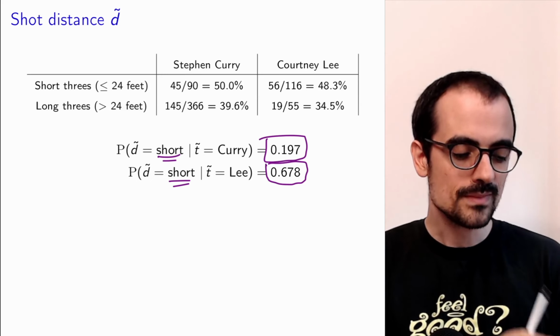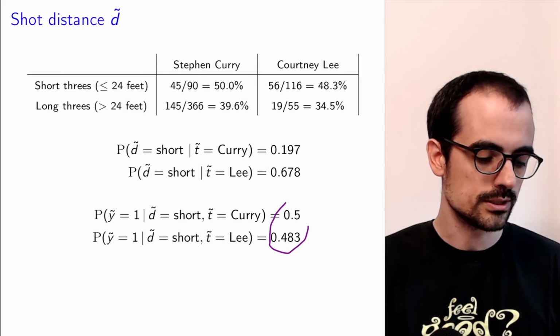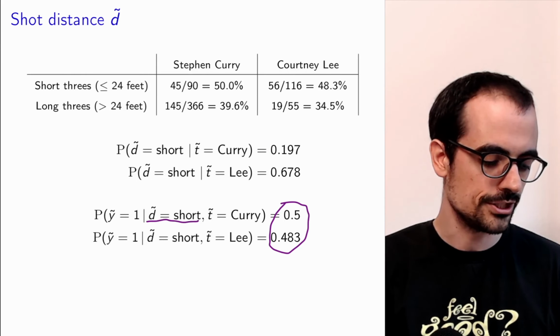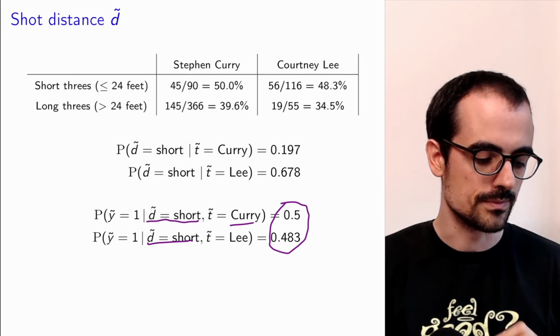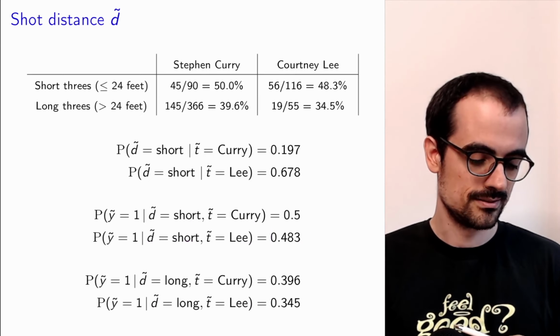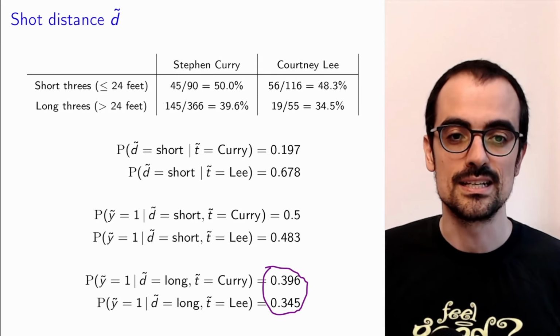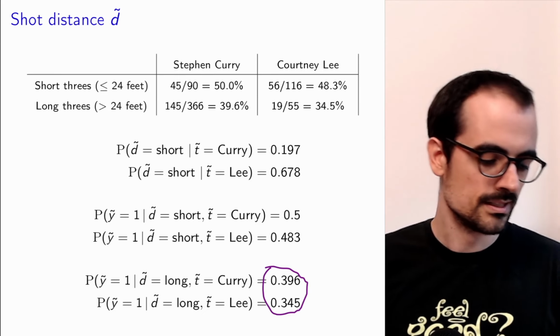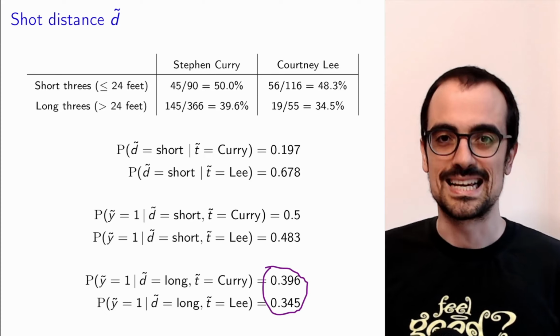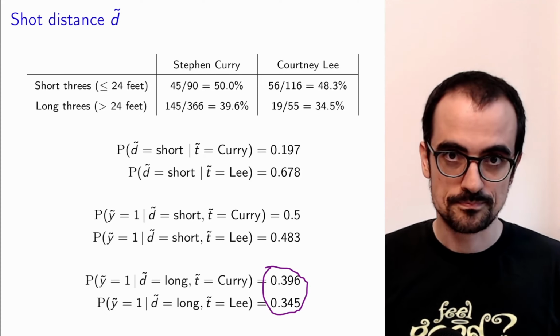Similarly, we see that Curry and Lee shoot short threes, here we're also conditioning on short threes apart from the shooter, much better than long threes. Almost 10% better, like really significantly, and actually more than 10% better in the case of Lee. They actually shoot them much, much better, both of them.